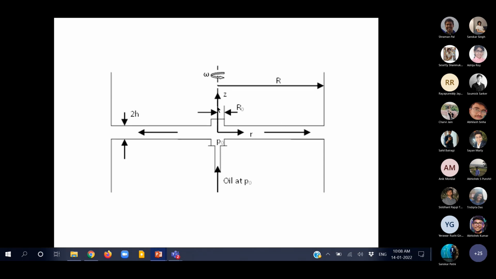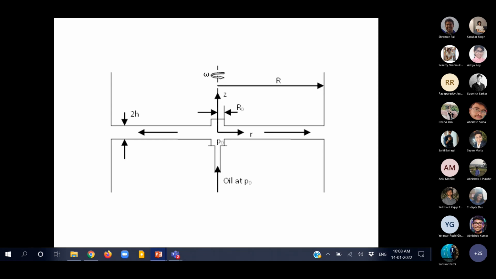If you press this liquid by placing a weight, how much weight you can place on the top plate is going to depend on the flow of the oil at high pressure between the two surfaces. So the weight it can support is indirectly related to the flow. The interconnection between the weight and the flow is the objective of the present problem.